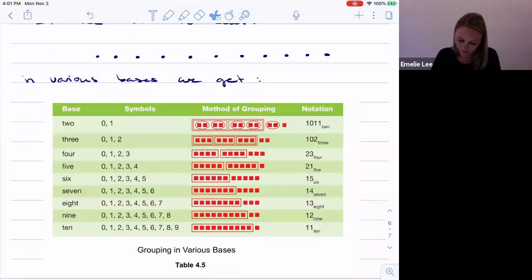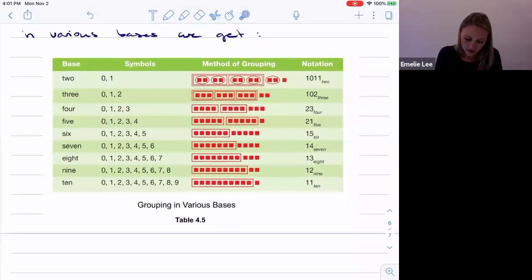These are our different bases. If we're talking base 2, then we've grouped our groups of 2. This is the one that I'm going to spend some more time elaborating.